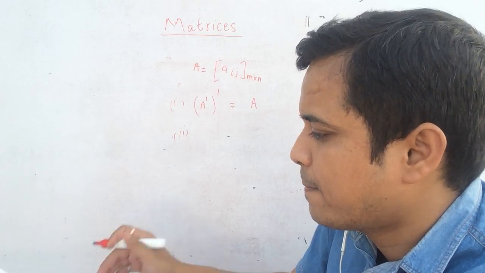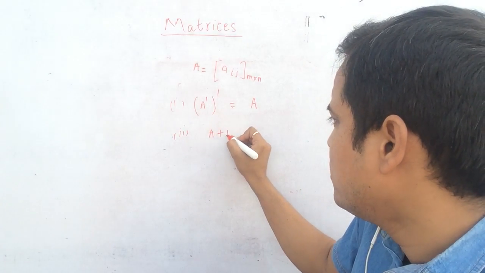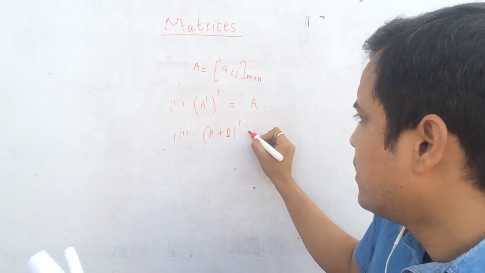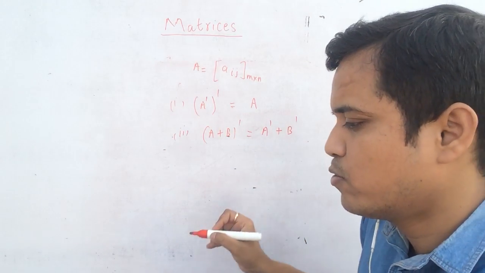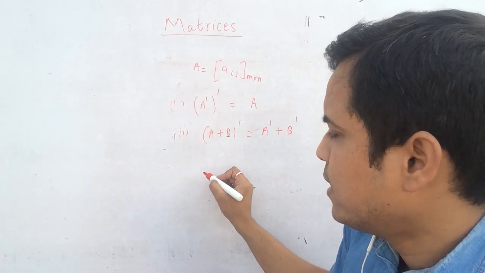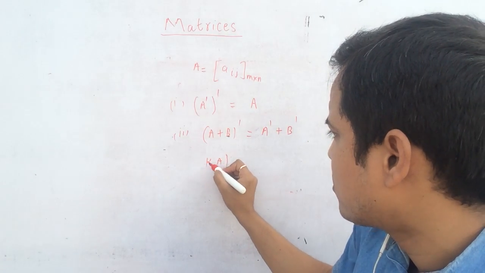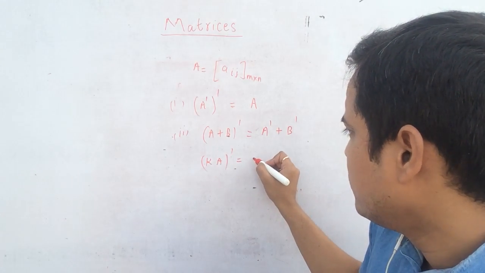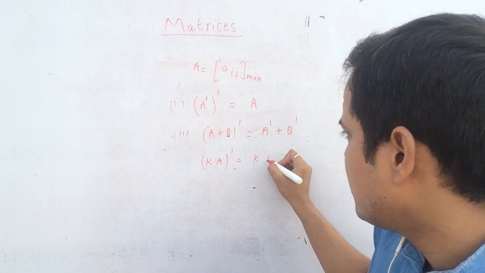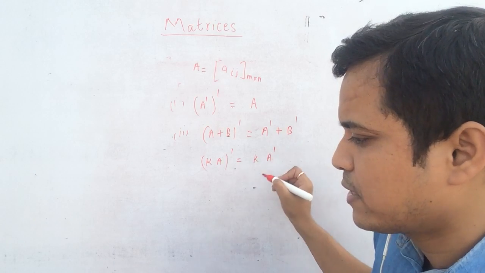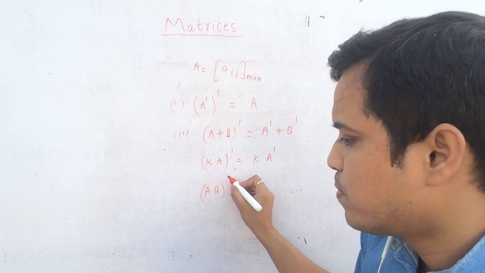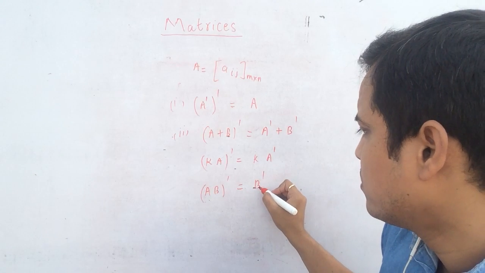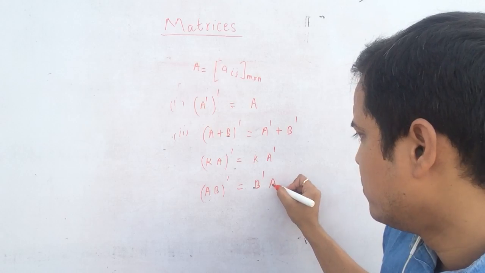A plus B whole transpose will become A transpose plus B transpose. And K times A whole transpose, you can write as K A transpose. AB whole transpose will become B transpose A transpose.